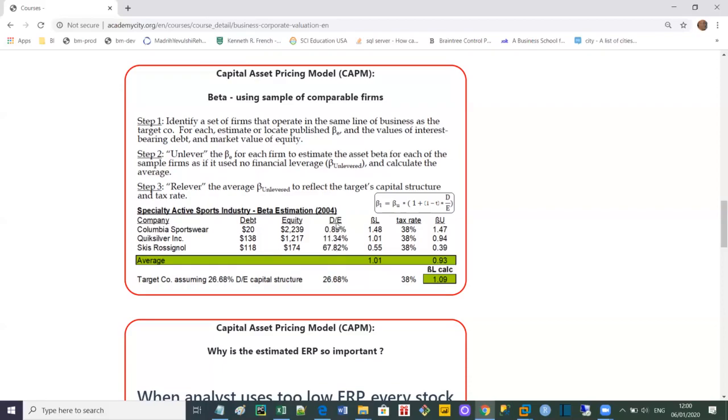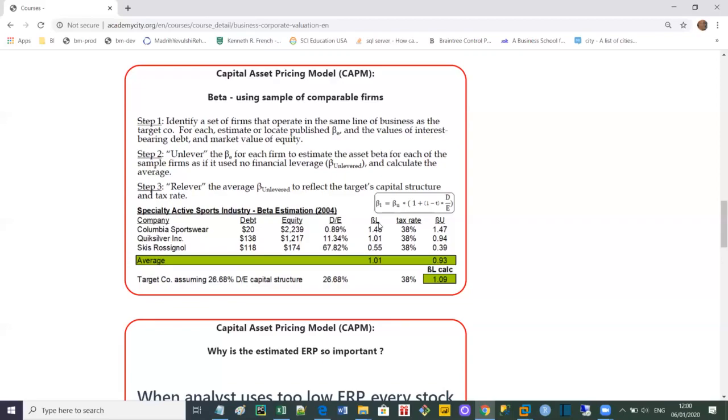Then, knowing D over E, we plug it into the equation. We also know the tax rate, and we put it in the equation as well. And we want to arrive at the unleveraged beta. The only thing that we can measure in real life is the leveraged beta. So here we're running the regression you learned in finance. We're getting the beta L.